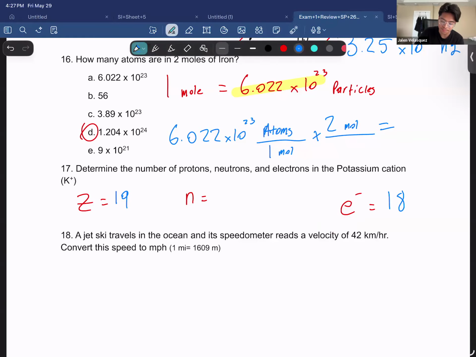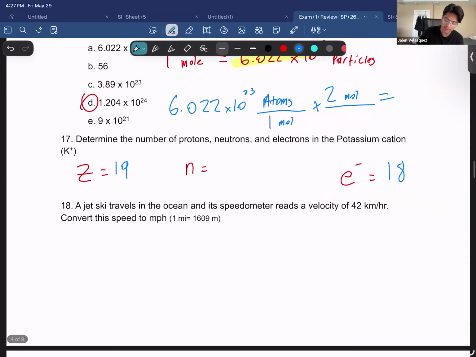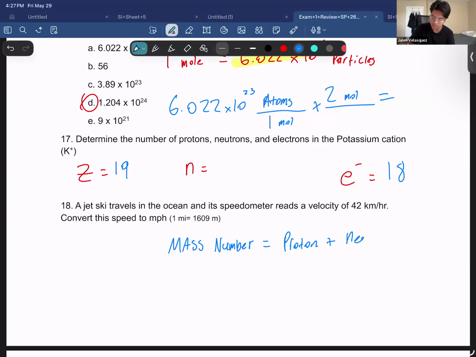The mass number, that 39 you saw, is equal to the protons plus neutrons. So if I have the mass number and the protons, I can just subtract to figure out the neutrons. The mass number of 39 minus the protons, which was 19, gives us 20 neutrons.